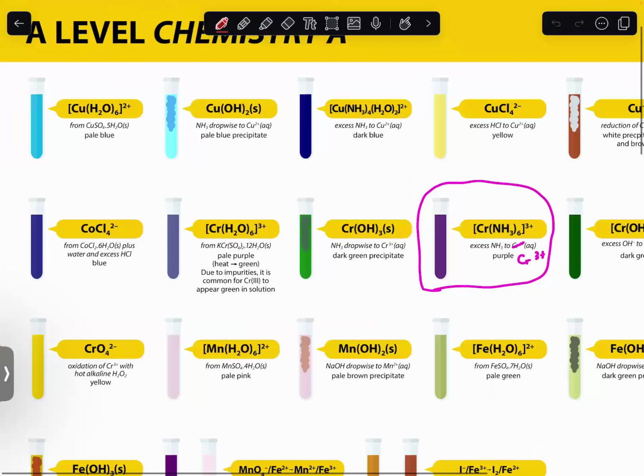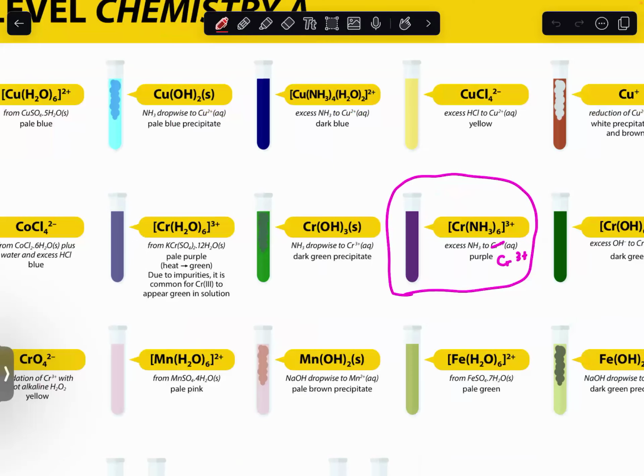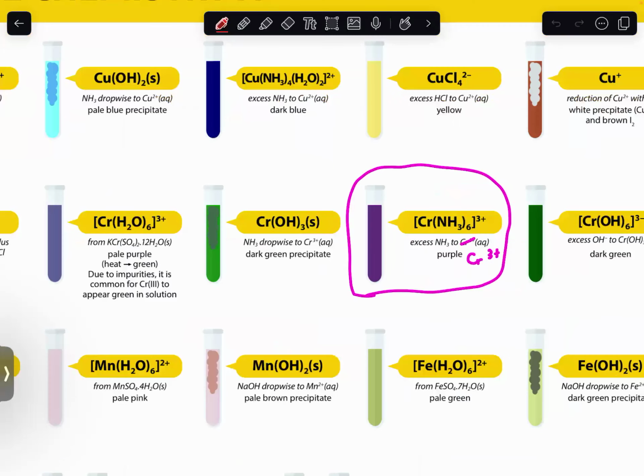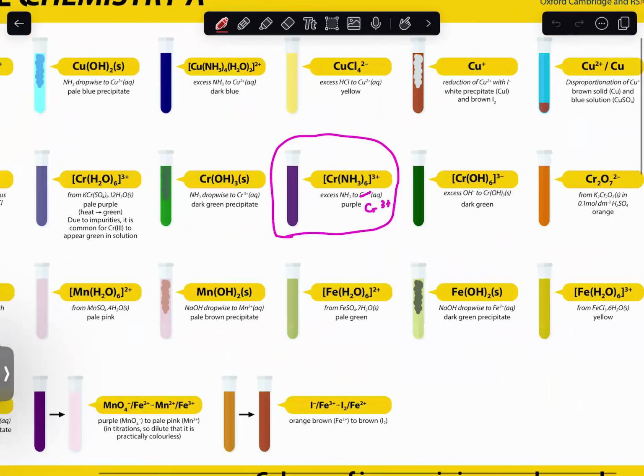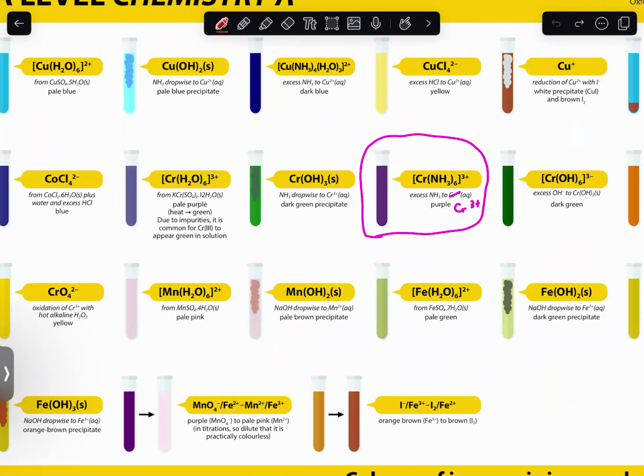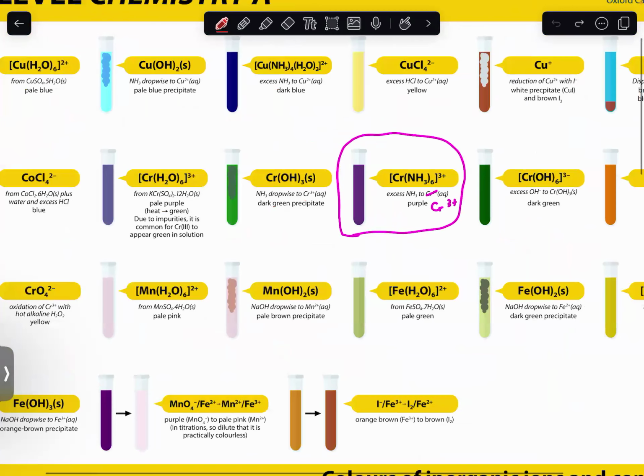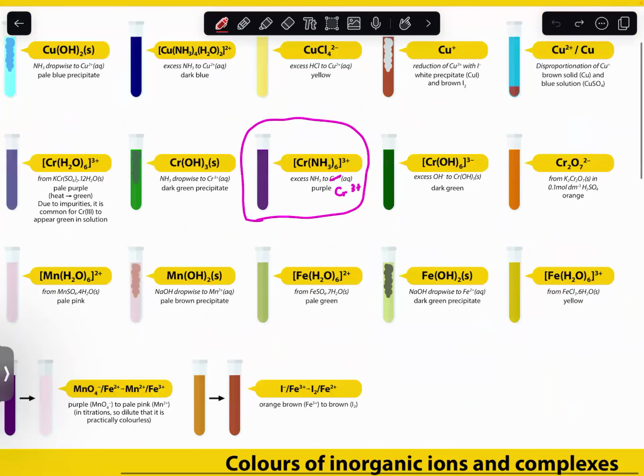Wait a minute. Yeah, what have we got here? Yep, chromium hydroxide, which is a dark green precipitate on addition of sodium hydroxide or dropwise ammonia. Excess sodium hydroxide gives you a dark green solution. Again, we want to learn all these colors, precipitates and solutions. Very important.